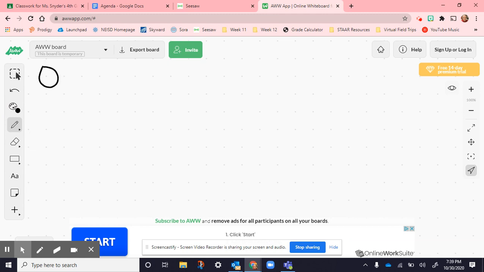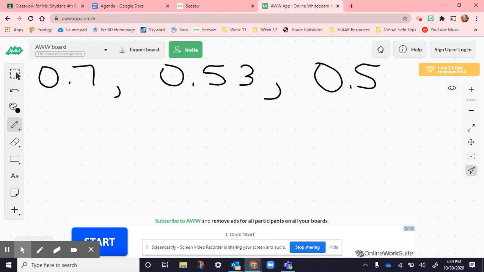Let's say we have 7/10, and let's say we have 53/100, and let's say we have 56/100. Whenever you have tenths and then hundredths and they're not all the same, they don't all go to the last place value with the hundredths, you need to change and make them.